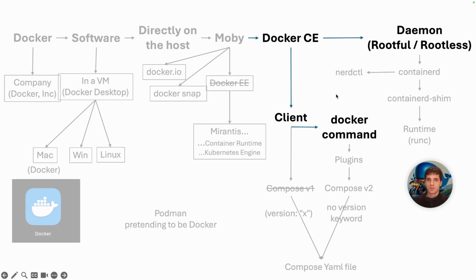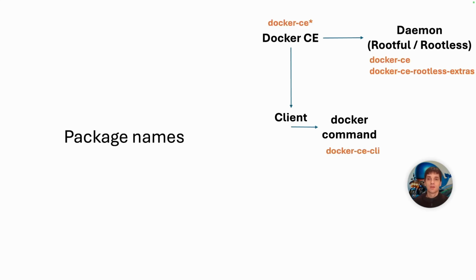So the core components are the Docker CLI, the client of Docker CE, the docker command, and the Docker daemon, which can be rootful or rootless. And if you want to install these packages, you need to know what the package name is. And I already told you that you should not use the docker.io package, which is provided by Ubuntu. You should use the official repository provided by Docker.